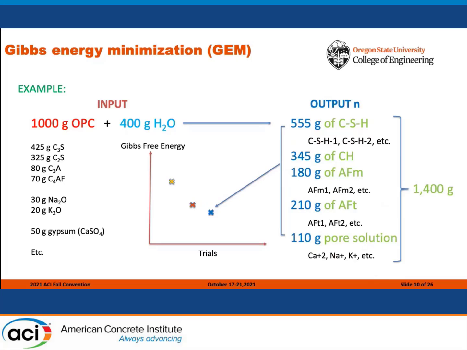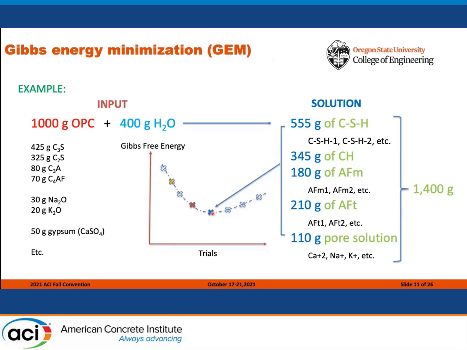And we can keep doing these successive iterations, calculations, to find the lowest Gibbs free energy state of the system. The solution to the problem, which is basically what compounds would form and in what quantities, will be the state at which the Gibbs free energy is minimized.